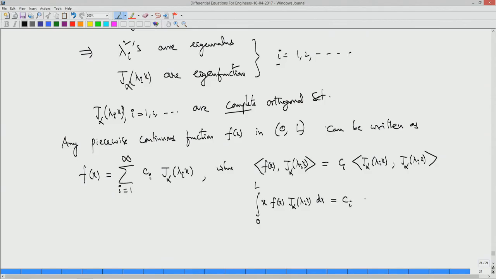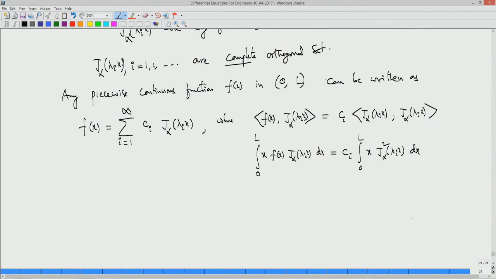So you have Ci integral 0 to L x into J alpha of lambda i x, squared, dx. We already know what this is. We just calculated it earlier from the properties of Bessel functions, so we know this value. By using this you can get your Ci's, which are the Fourier coefficients of the Fourier series.